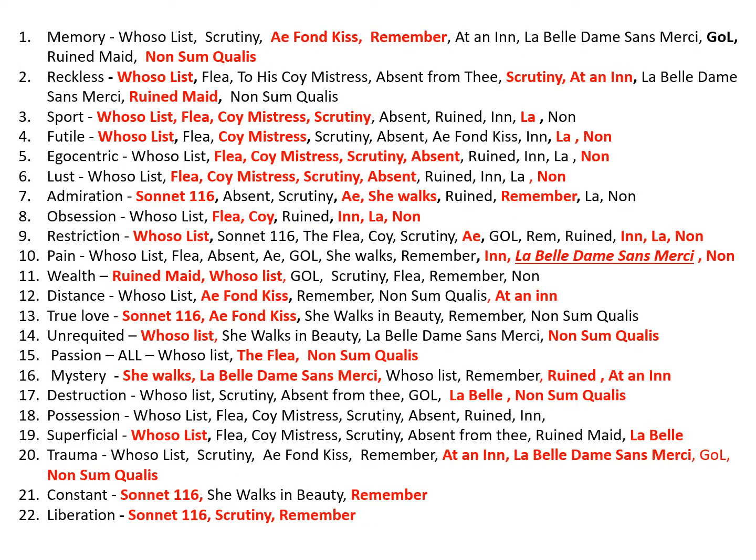And now you have my broad parameters of the poems that I think match to that theme of love, as I say, memory, as reckless, as sport, etc. My suggestion is that you review the poems in red as tip-top, awesome, quick links to these themes.